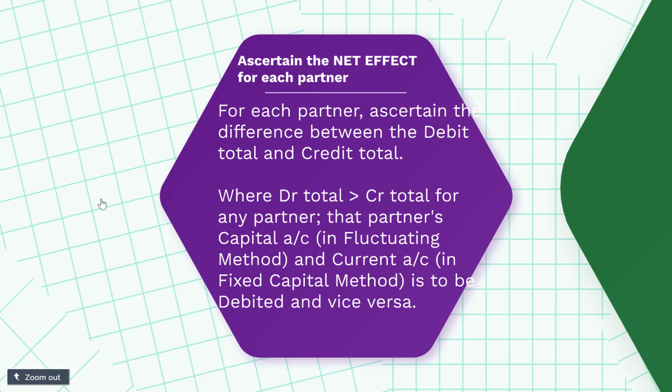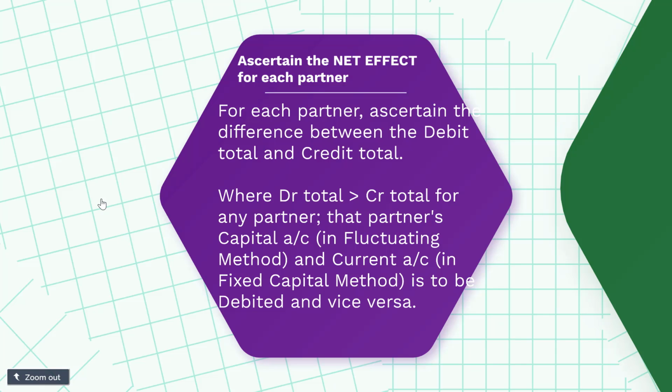In the fourth step, we need to ascertain the net effect for each partner. When I say net effect for each partner, I mean that for each partner, we need to ascertain the difference between the debit total and the partner's credit total.